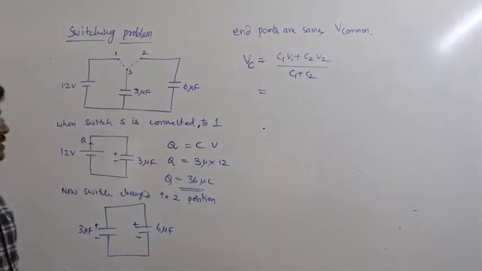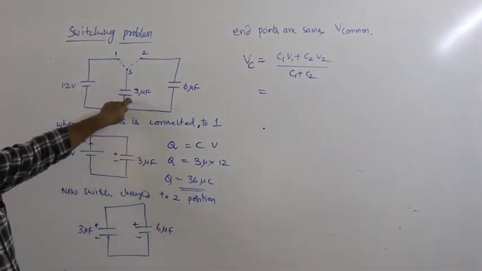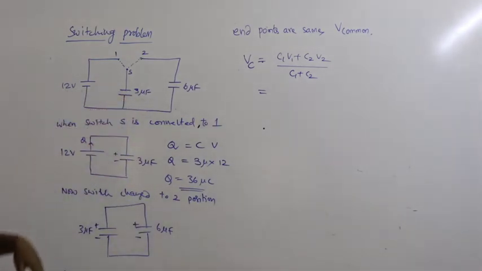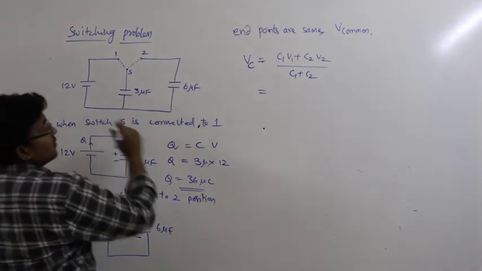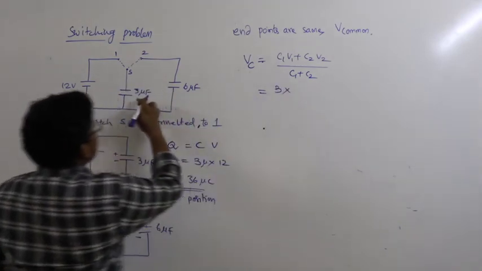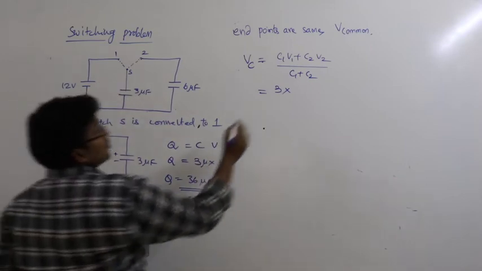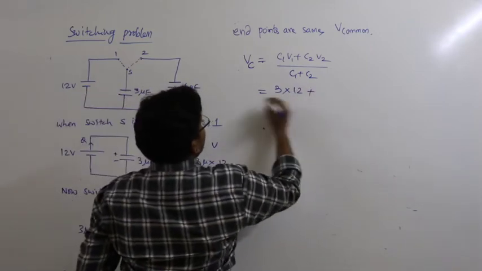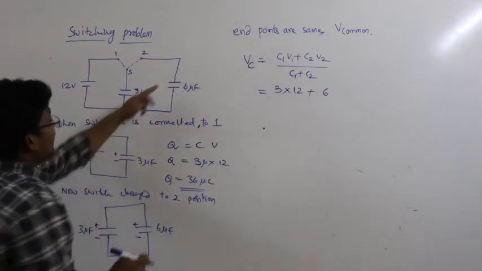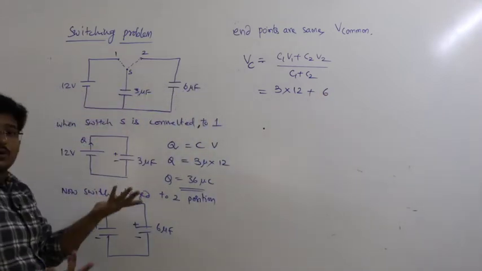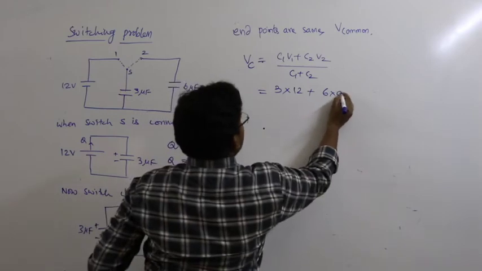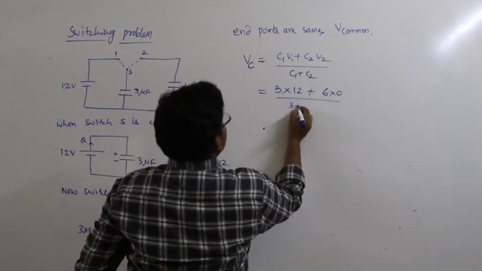This is common. C1 is 3. What is the initial voltage of this one? 12, because in the first connection 12 is connected. So 12, plus C2 will be 6, and in the first connection 6 is not present, voltage is not there, so 0, by C1 plus C2.